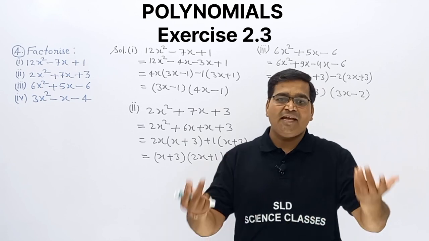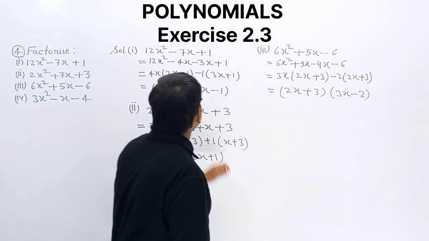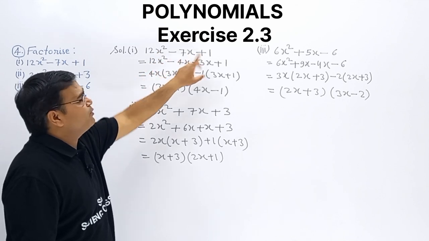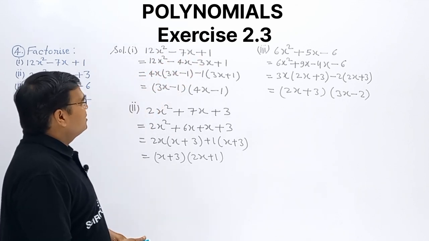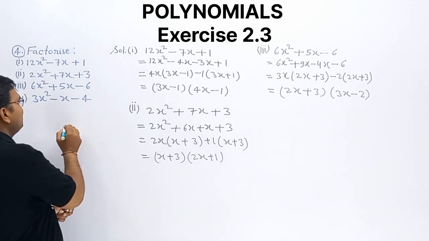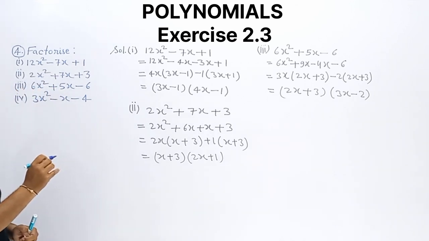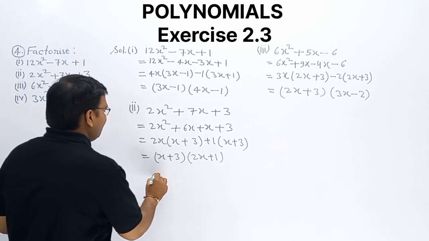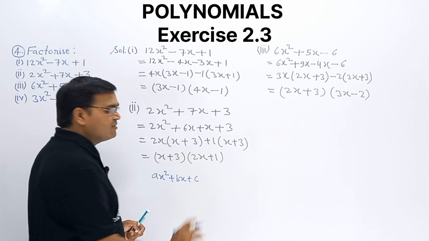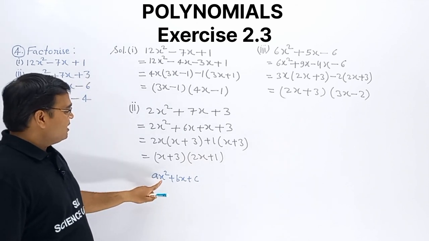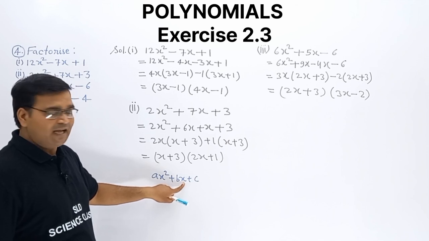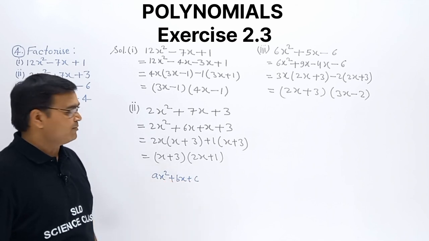We want to factorize. How will we factorize? We have 12x square minus 7x plus 1. This is in the form of what? The general form of the quadratic polynomial is ax square plus bx plus c. a is the coefficient of x square, b is the coefficient of x, and c is the constant term.